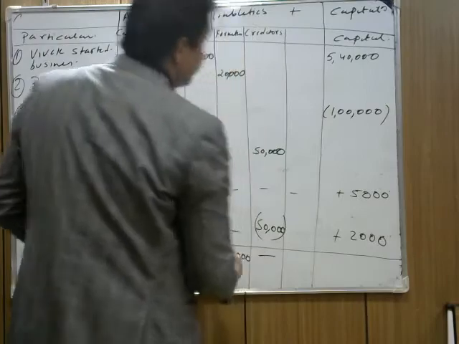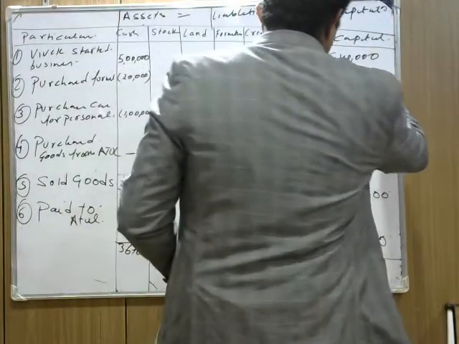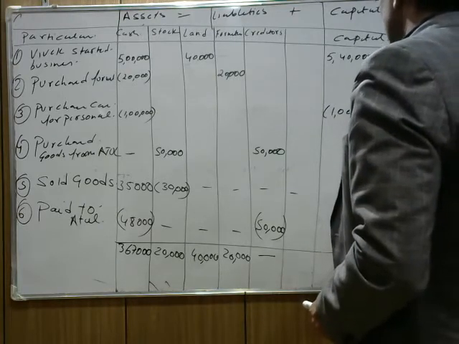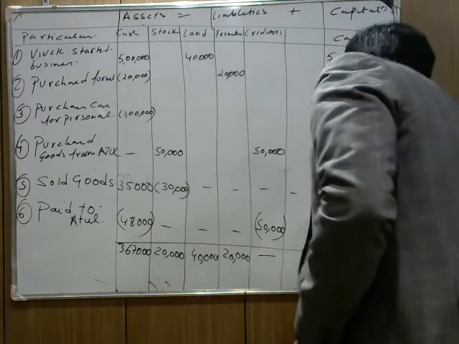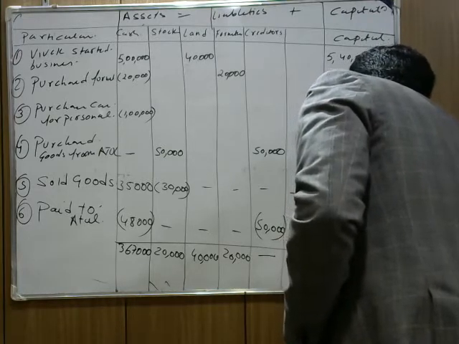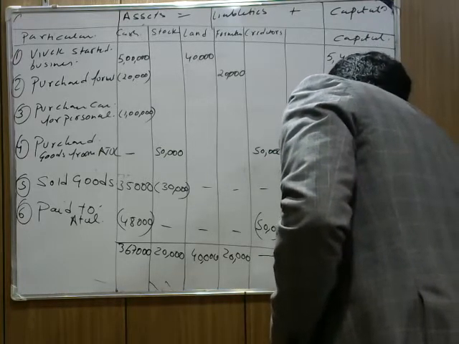Credit is 0. No other liability. Now check whether the asset is equal to liability plus capital or not.